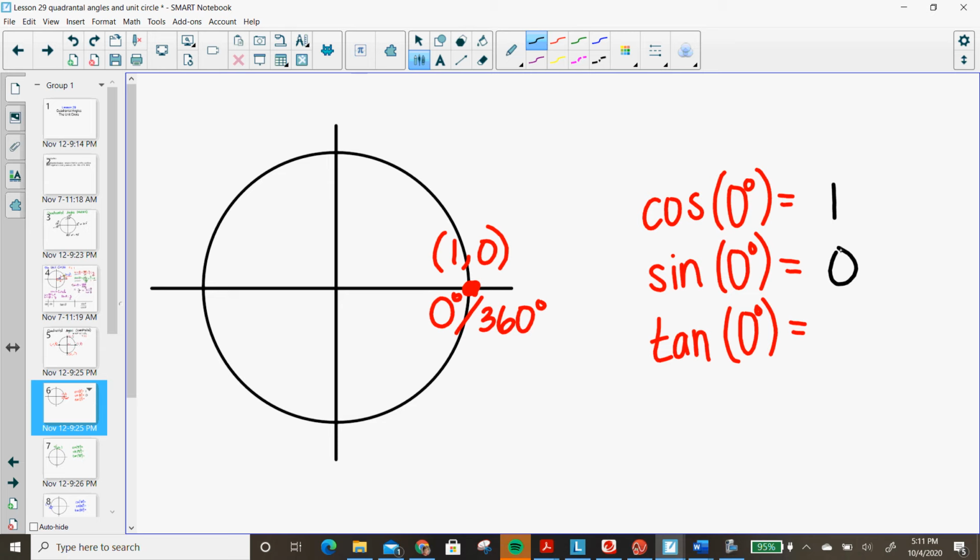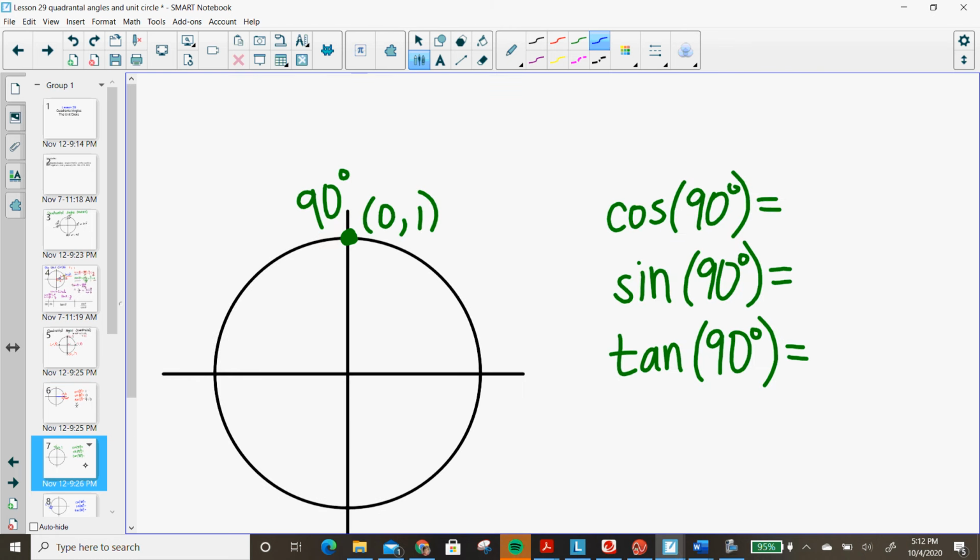And tangent must be y over x, so it's going to be 0 over 1, which is also 0. And even though we don't have a triangle, if we try to draw something with the positive x-axis and 0 degrees, we just have that line segment. We have just defined those 3 trig values for 0 degrees.